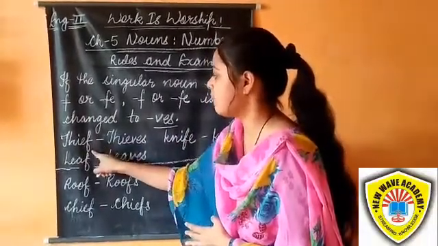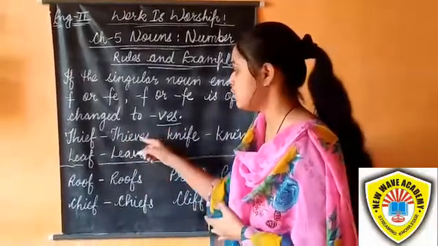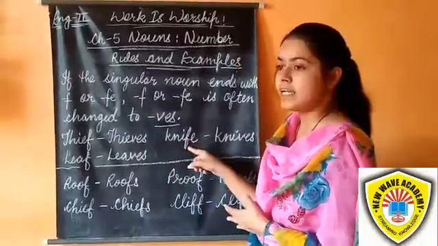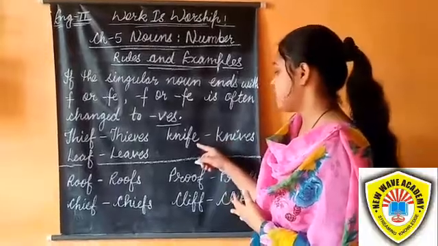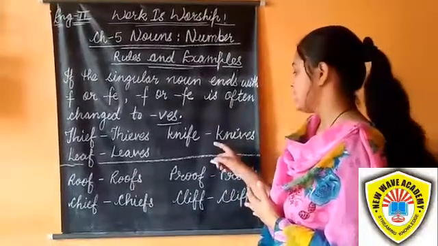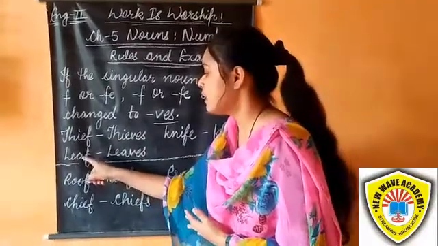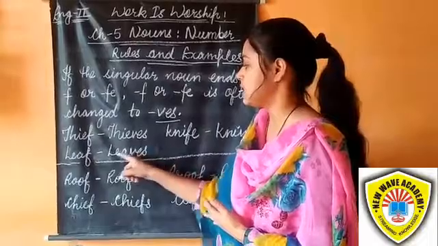Here is f, we will remove f and change it into ves. Thieves. Knife, here fe, we change fe into ves. Knives. Leaf, here f, we will change f into ves.